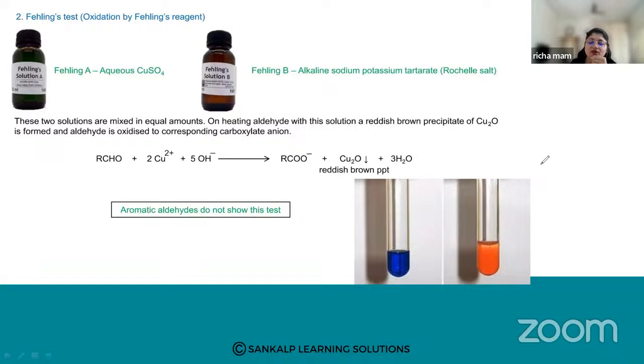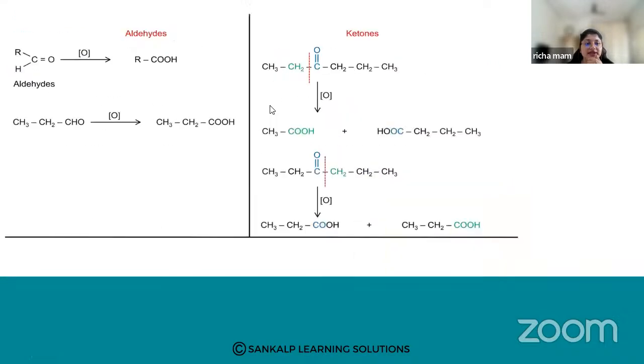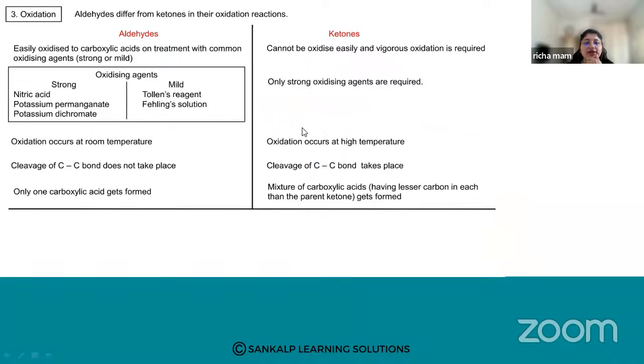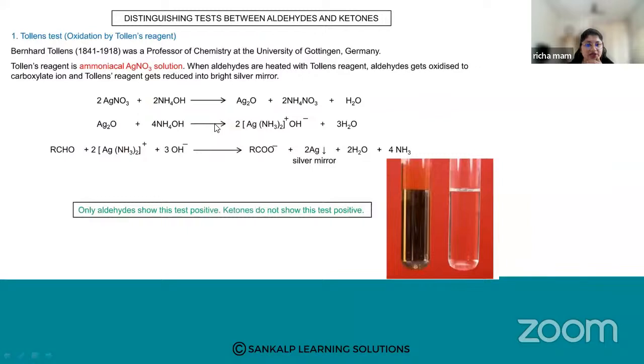Then we have seen the oxidation of aldehydes. Aldehydes easily get oxidized to carboxylic acid. The two important tests for aldehydes are Tollens reagent and Fehling solution. With Tollens reagent, you get a silver mirror, and this gives a positive test only for aldehydes.